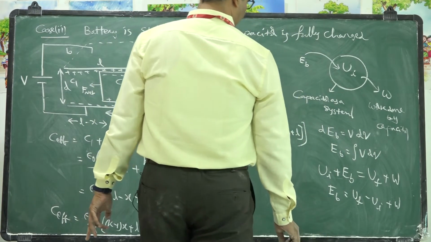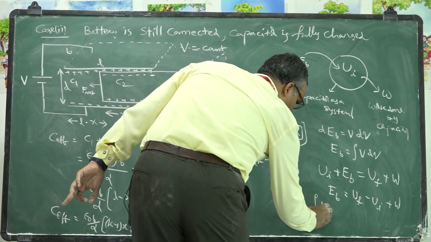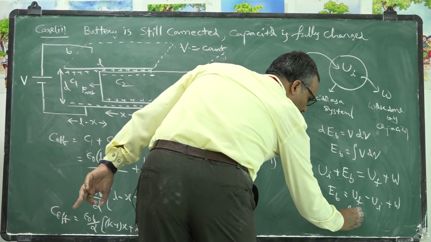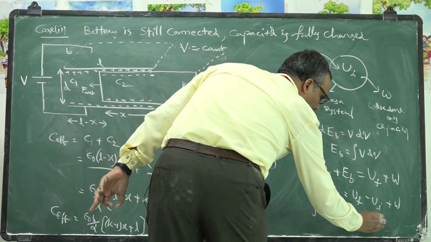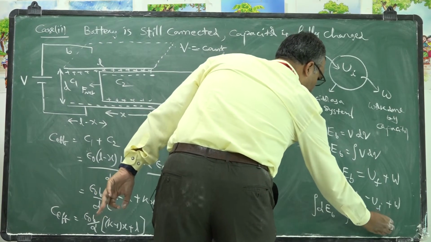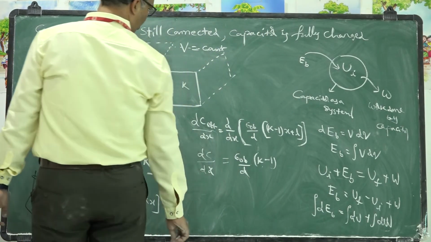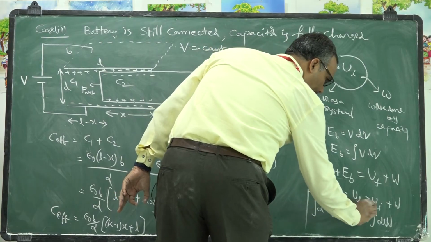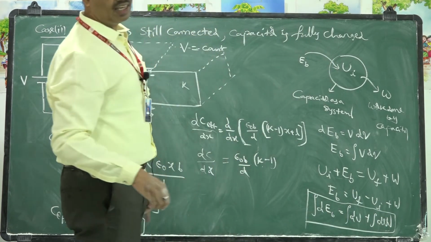You can write it like this: integral dEB, integration and derivative get cancelled, is equal to integral dU plus integral dW. Let us keep this equation aside. We may use it for calculation of force.